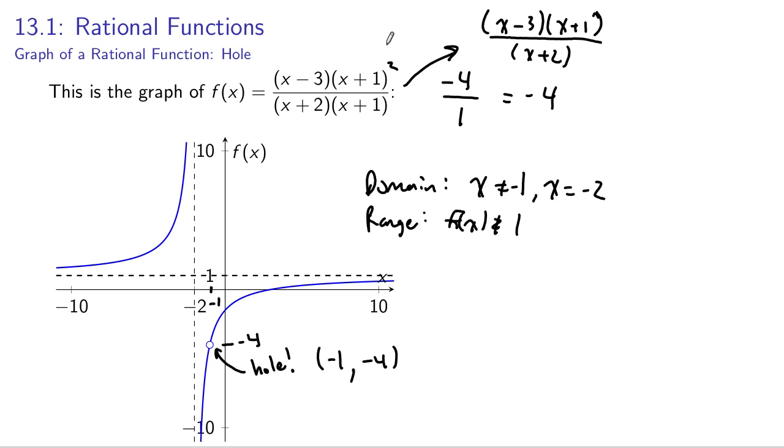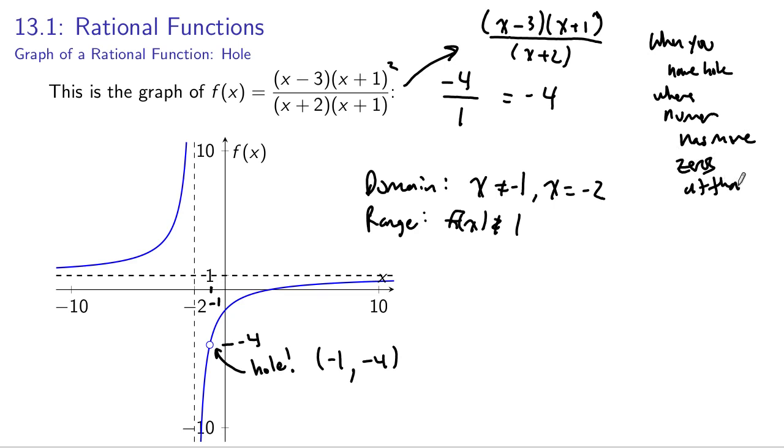This is always true. When you have a hole where the numerator has more zeros at that x value than the denominator, then the y value of the hole will be 0, which knocks out one of the zeros of the function.